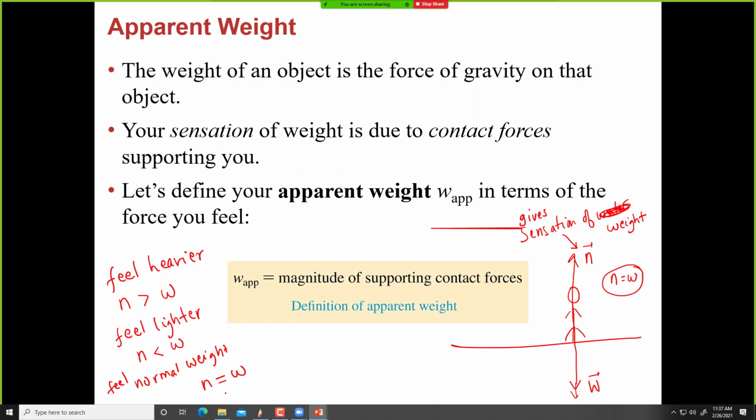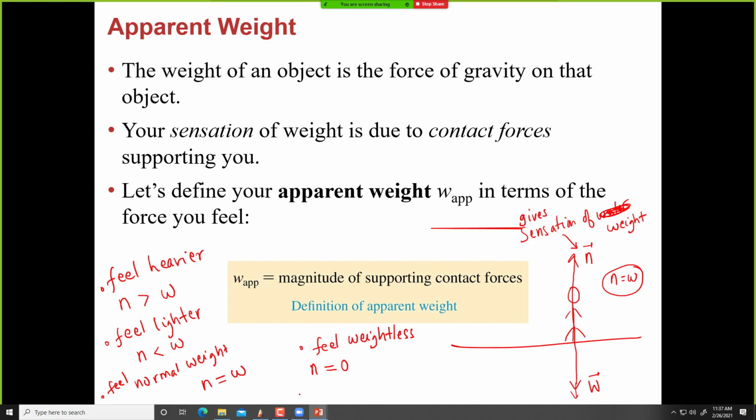Okay. So let's look at all these three cases, or one more case here. We'll feel weightless when there is no normal force. Okay, normal force is 0. So the sensation comes from how much normal force you get.